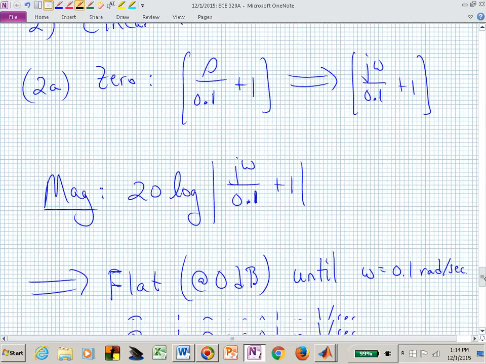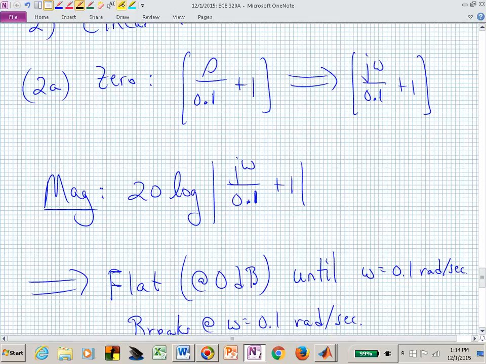If we now looked at this factor with omega equal to omega 1, we now have 1 plus j 0.01 divided by 0.1, or 1 plus j 0.1. So now we're going over 1 and we're going up 1/10. What's the angle that we've agreed? That's negligible. We're just assuming that's 0 degrees.